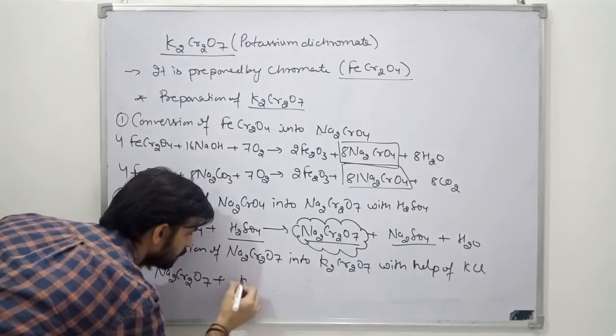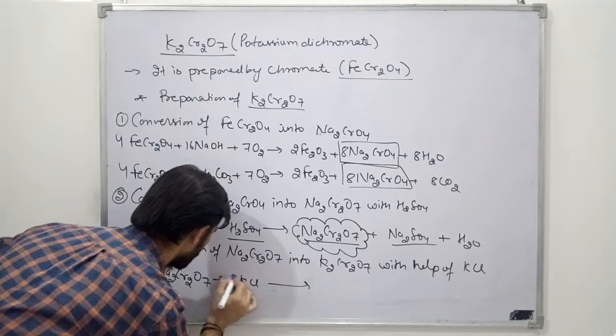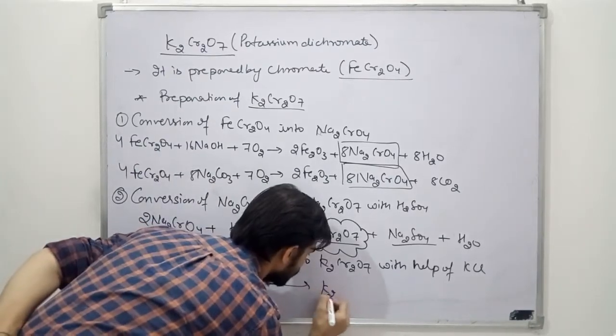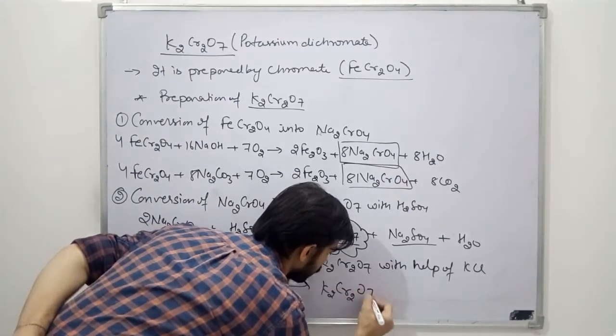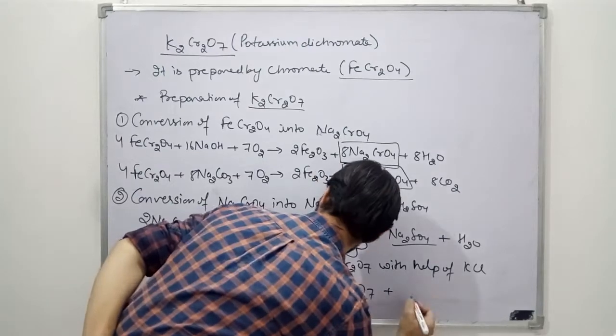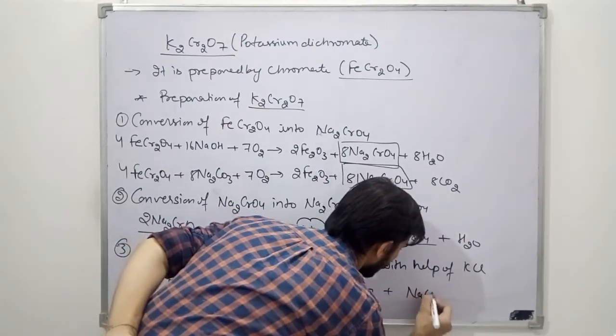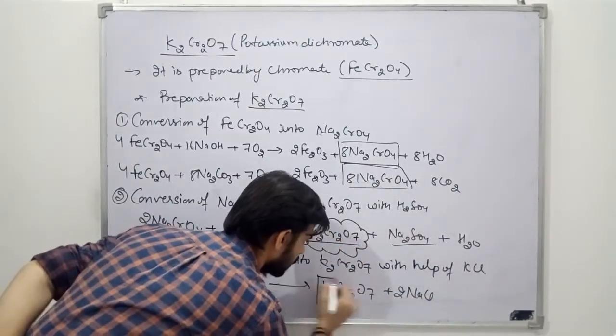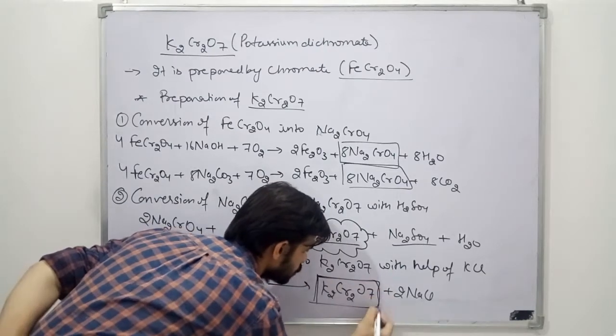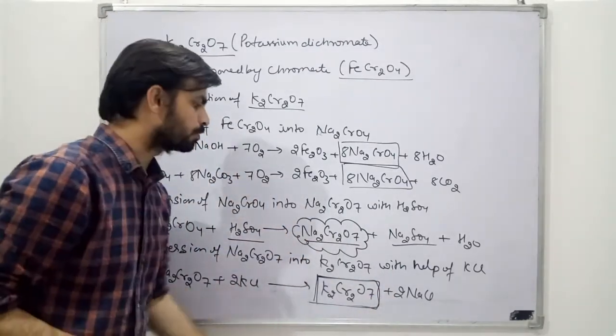Na2Cr2O7 treated with KCl, twice the amount, then K2Cr2O7 plus twice of NaCl. Here we find K2Cr2O7, that is our motto.